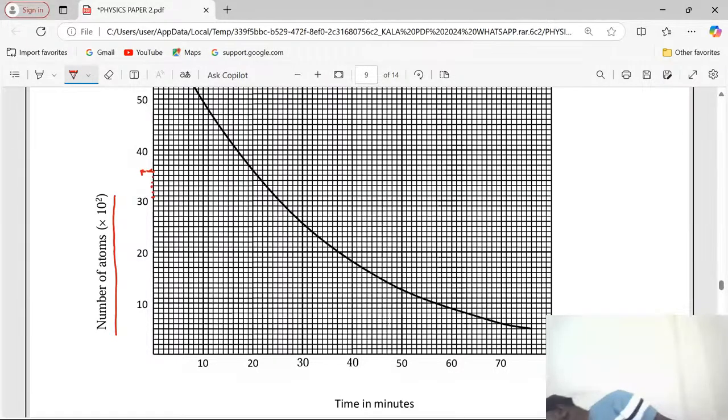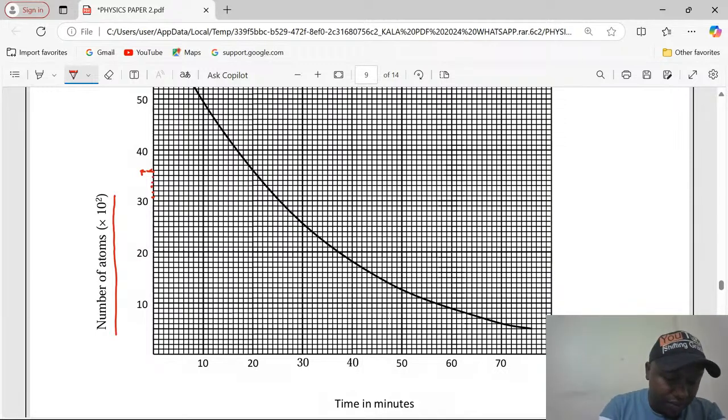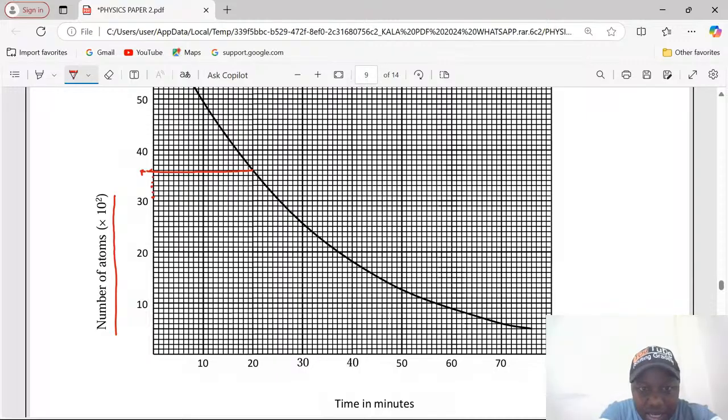Let me get a ruler so that we may draw a good line at that point. So we need to move along 36, like that. Then down so that we may know the time taken, the corresponding time.